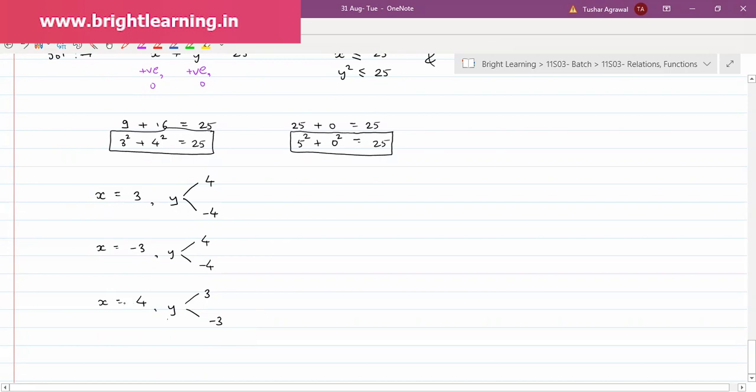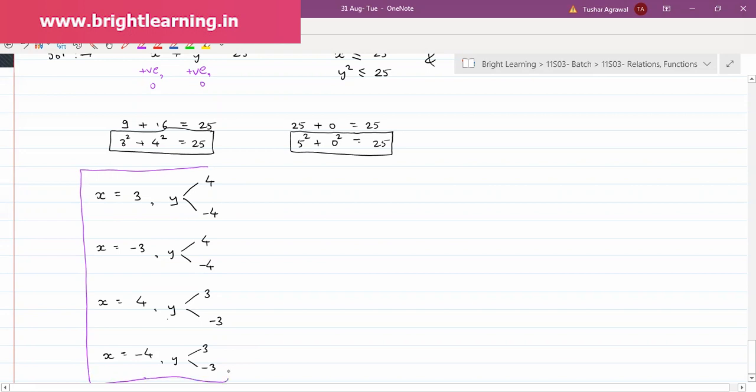But why are you taking x equal to 4? X could be equal to minus 4 also. If x is equal to minus 4, y could be 3 or minus 3. So let me write separately only for counting purposes, otherwise again you will confuse. Minus 4, y can be 3 or minus 3. So here, do you see 8 ordered pairs I have got?